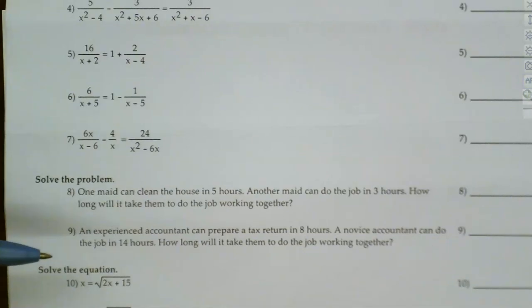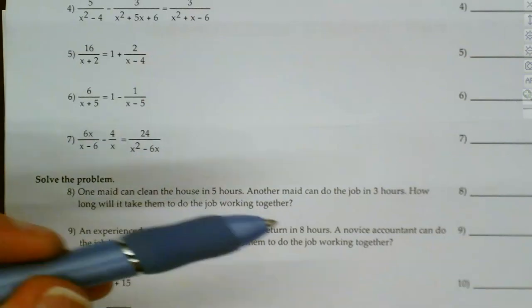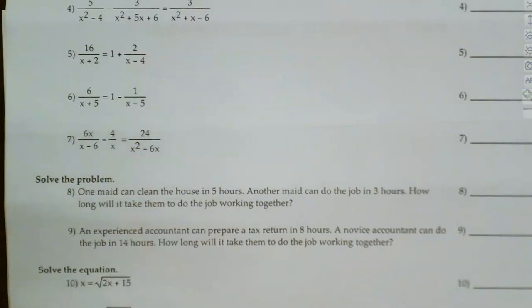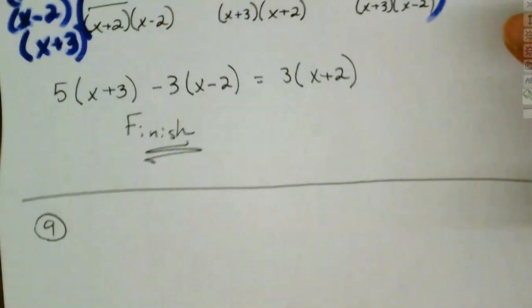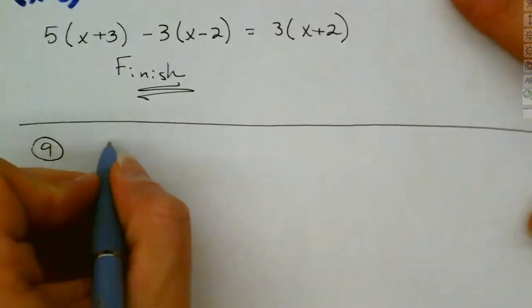Now, this is a work question, so whenever we do a work question, we have to write these as fractions. So an experienced accountant can prepare a tax return in 8 hours, and the novice can do it in 14. How long will it take them if they work together? So let's look at each one of these and see what we've got. We've got a novice and an experienced person.